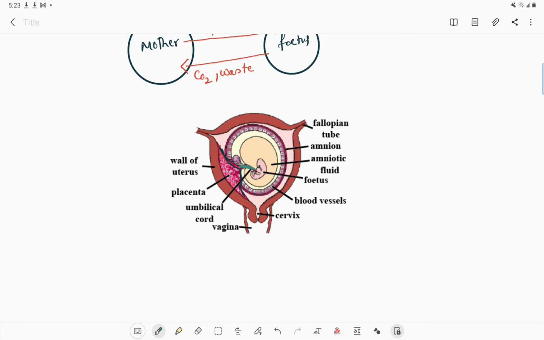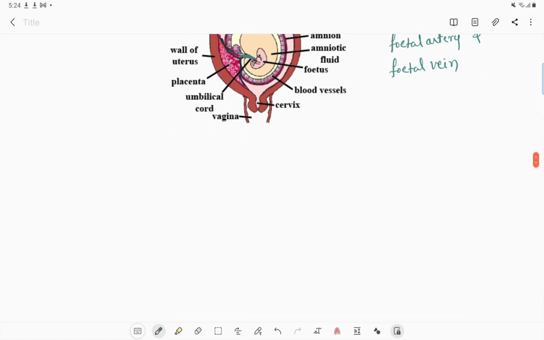The umbilical cord consists of only fetal blood vessels. Remember, very important question. The umbilical cord contains fetal artery and fetal vein only. It does not contain mother's blood vessels.